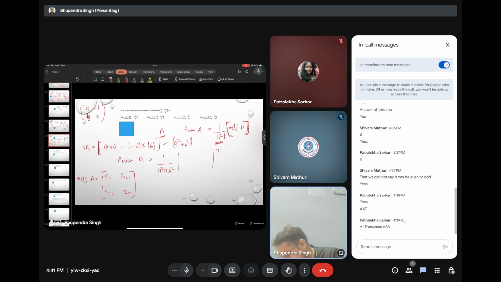To calculate a cofactor, say 1 1, it is minus 1 to the power 1 plus 1, because of 1 1, multiplied by the remaining element. Here is your A, this is your 1 1, 1 2, 2 1, 2 2. It will give you A.